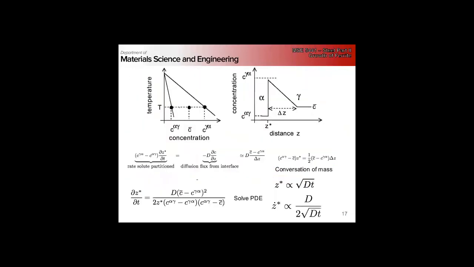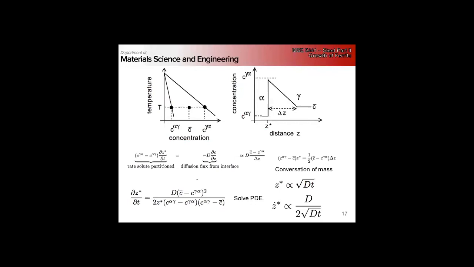You don't necessarily need to derive it, but remember we have parabolic growth of the ferrite. So it's classical growth by diffusional nucleation and then growth by a diffusional mechanism.